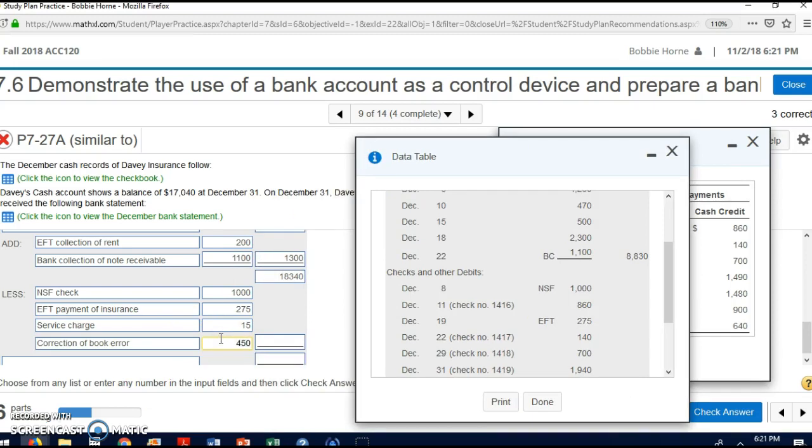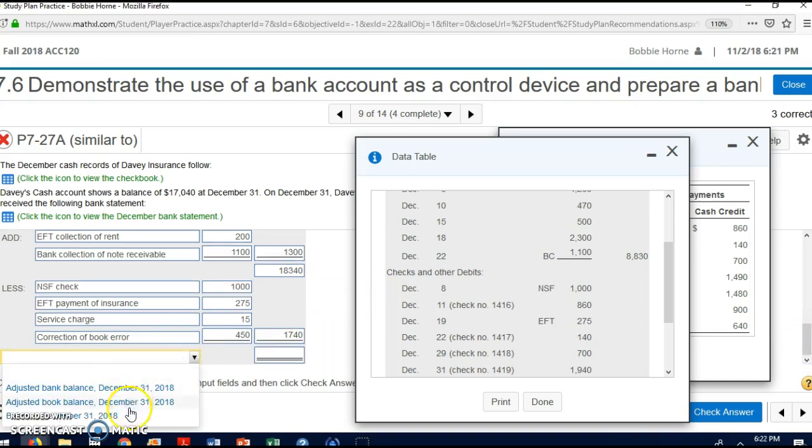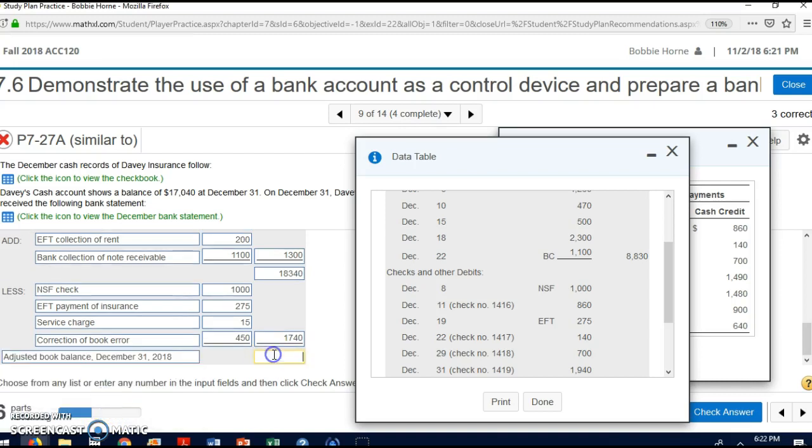So now we need to add these numbers up, and that would be $1,740. I'm going to check it just to make sure. It's been a long day, so yeah, $1,740. And then we subtract that from $18,340, and that would give us $16,600, which is our adjusted book balance.